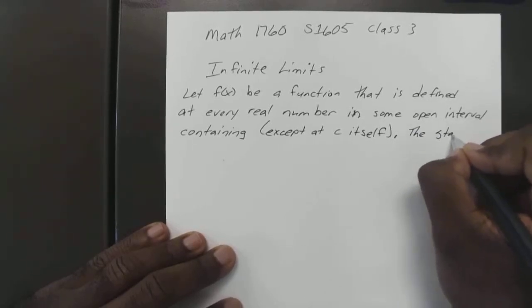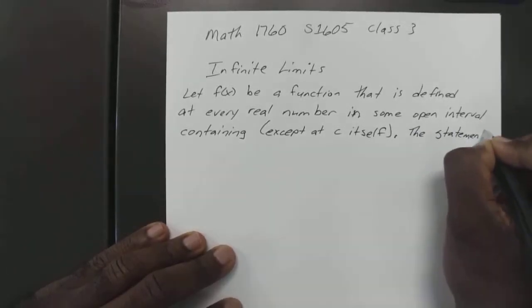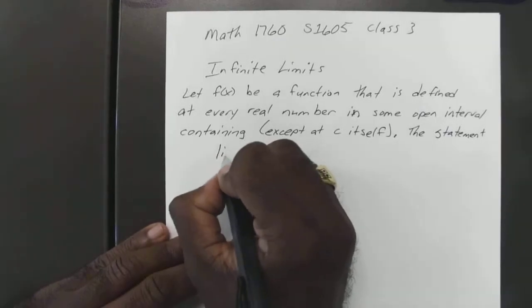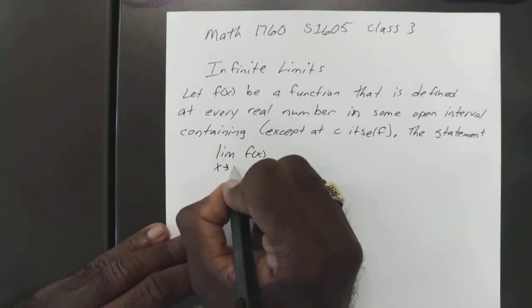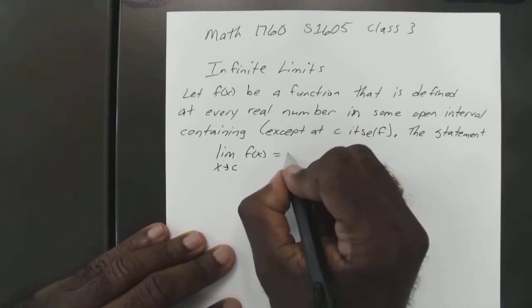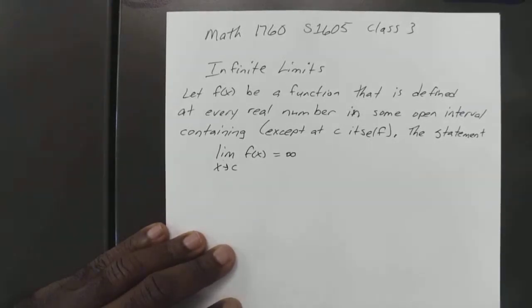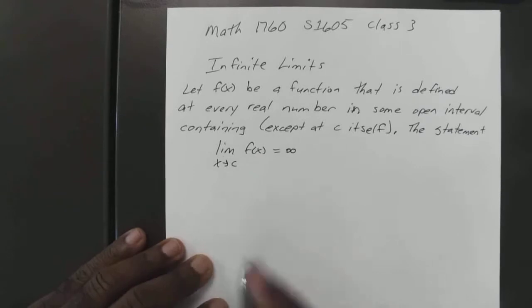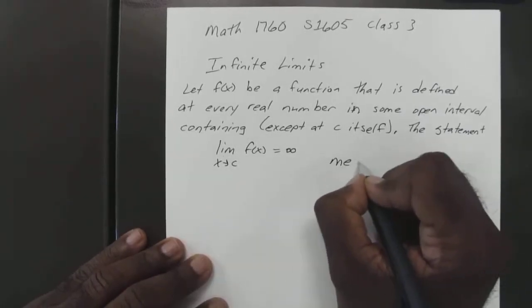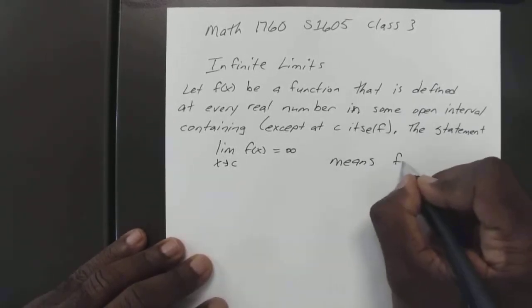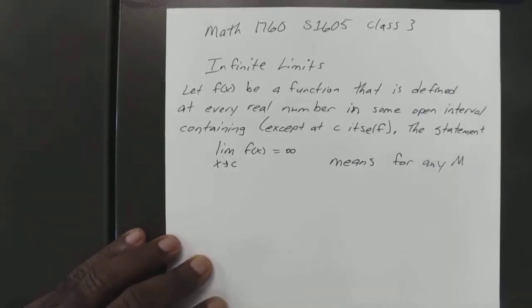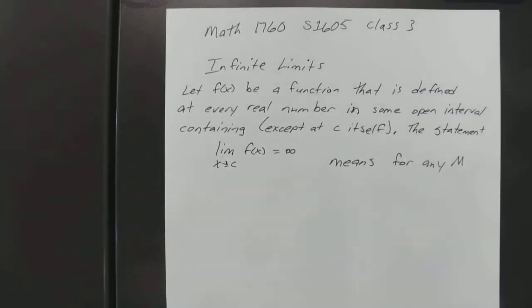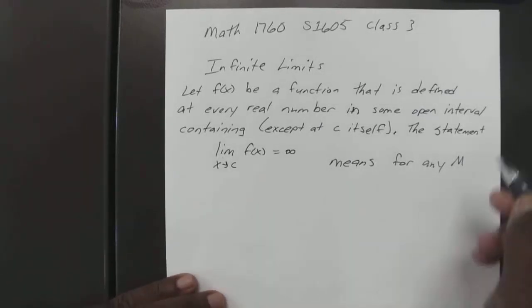So in other words, the statement, the limit of f of x as x approaches c equals infinity, just means for any, let's use m to represent any big number. It could be a million, a billion, a trillion, just a really big number.